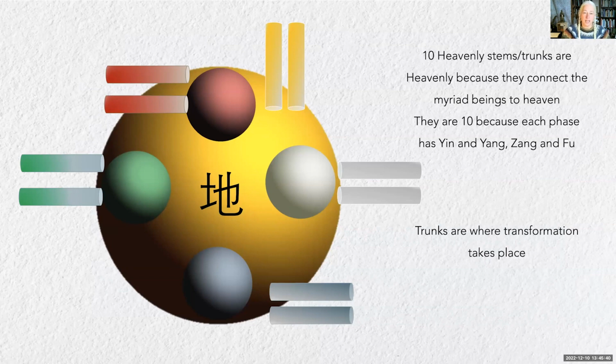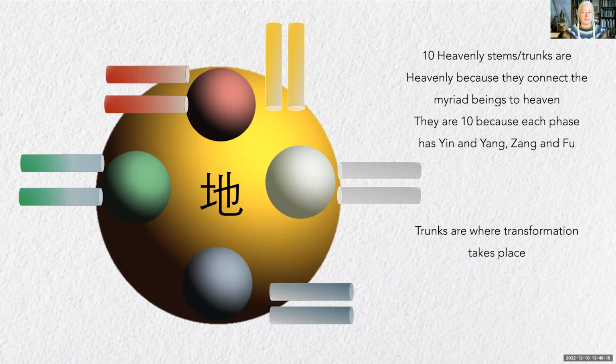And a lot of times the stems and branches are thought about as, I'm not sure how you say the word, but about the calendar and about the movement through time and these different segments and what's going on at the different segments and what you might be able to expect in terms of the weather in the body, the weather outside of the body. And I'm not looking at it in that way at all. I'm looking at it in a very general way about the physiology of the body.